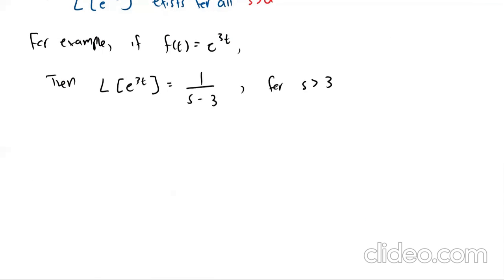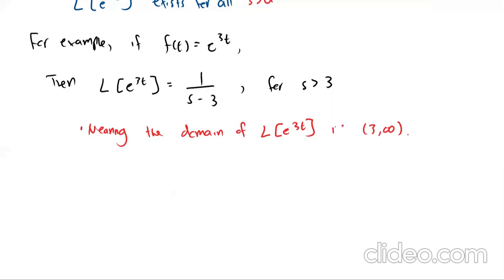Noting that this doesn't hold, or the domain of this function is not anything less than 3 or between 0 and 3. Meaning the domain of this Laplace transform is the interval 3 to infinity. So it's not defined for anything less than 3.